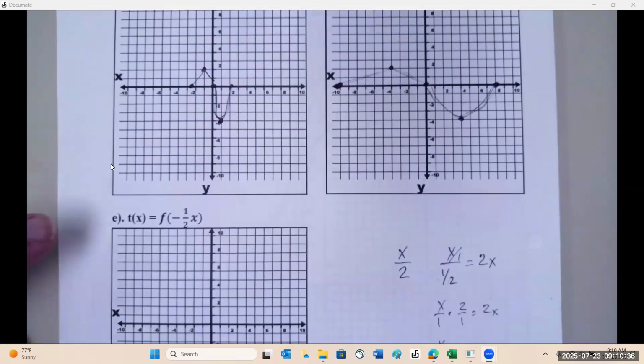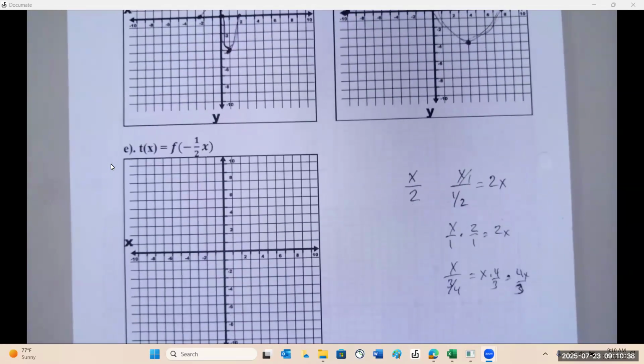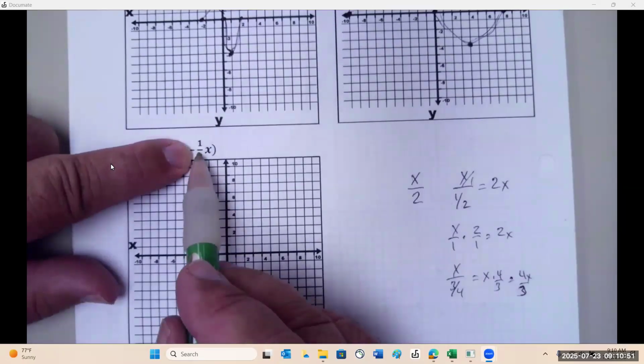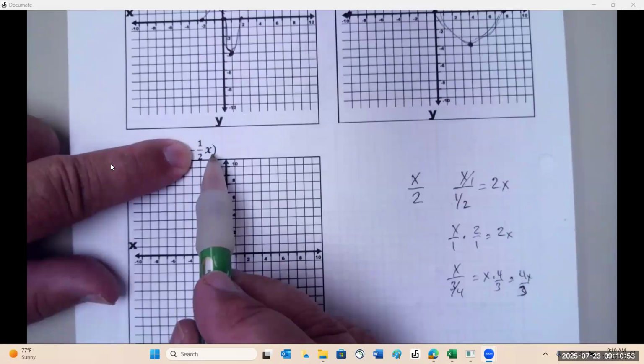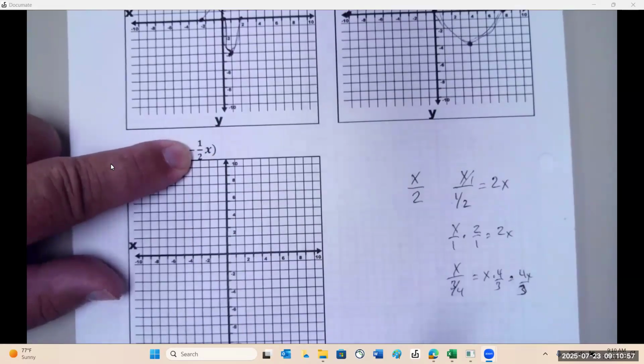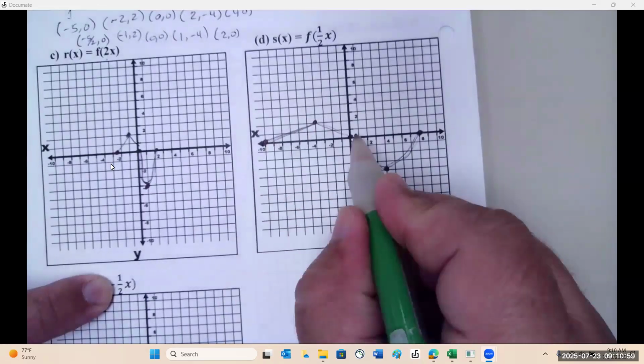And the last graph. What happens here? Two things happen. What are they? First, it's a fraction. So what do we do with all the X values? Multiply them by 2, like we did on the last one.